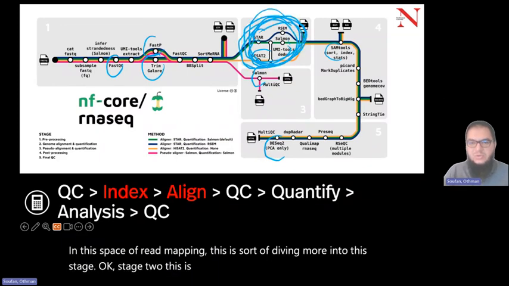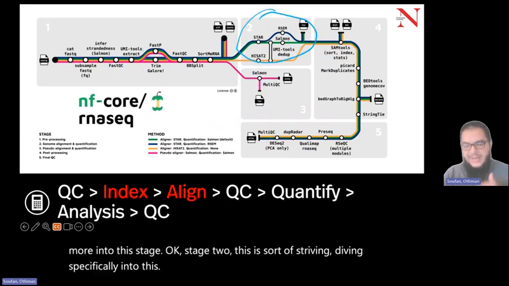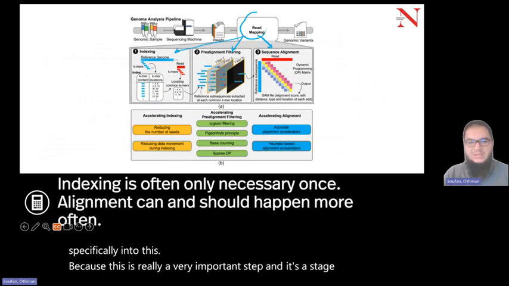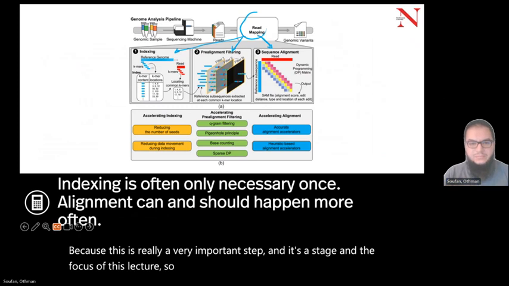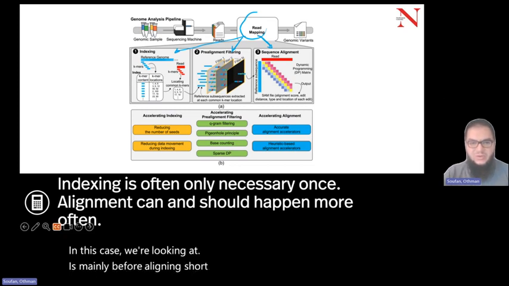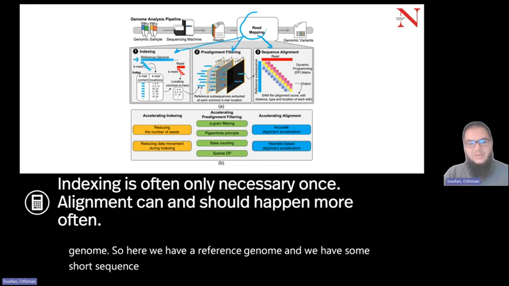This is diving specifically into this, because this is a very important step, and the focus of this lecture. So indexing, in this case, is mainly done before aligning short sequence reads to a reference genome. So here we have a reference genome and we have some short sequence reads.